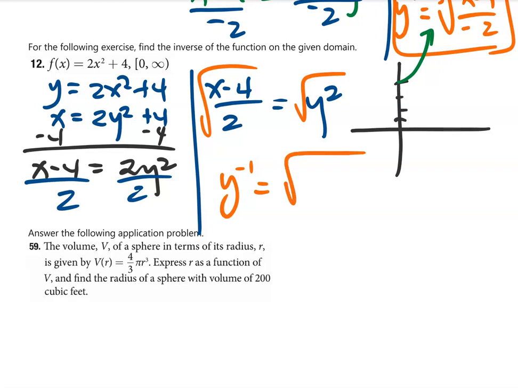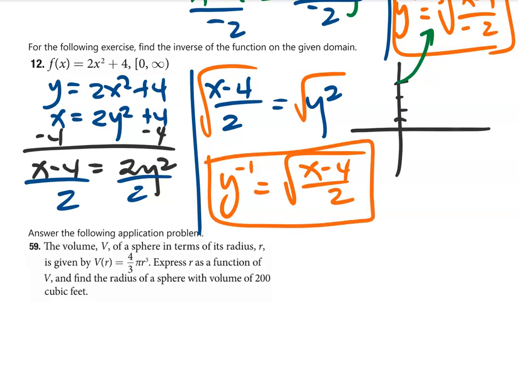So meaning the positive numbers, x minus 4 over 2. And if we graph this, this is 1/2 of x minus 4. X minus 4 meaning 4 to the right. So this is the inverse of this green parabola.